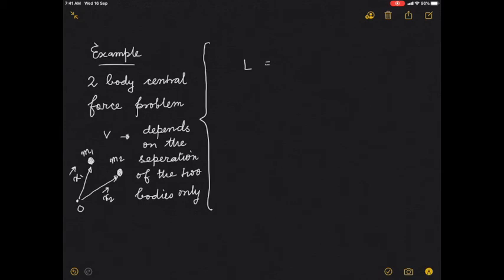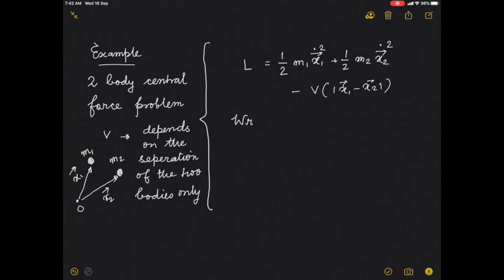Okay, so now if I try to write down the Lagrangian for this system, you will agree that the kinetic energy is half m1 x1 dot square plus half m2 x2 dot square. And the potential energy depends on only the separation between them, which is this. Right? Now, this is a generic term. I have not actually chosen any coordinate system here. I just wrote it in terms of the radius vectors.